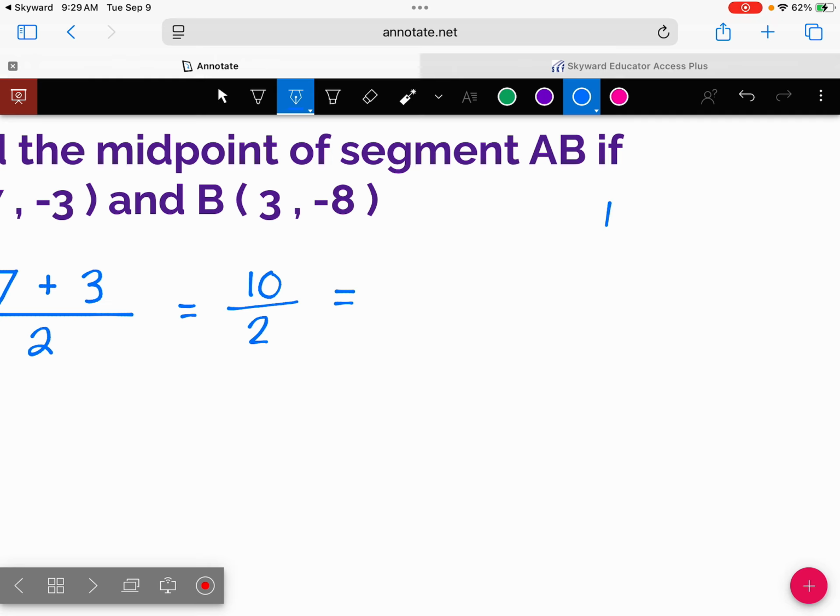So my new point, the midpoint, I'm going to call it M, is going to have an x value of what? What is 10 divided by 2? 5. So the B was at 3, A is at 7, halfway between those, the midpoint is going to be at 5. So we take our 7 plus 3, divided by 2.